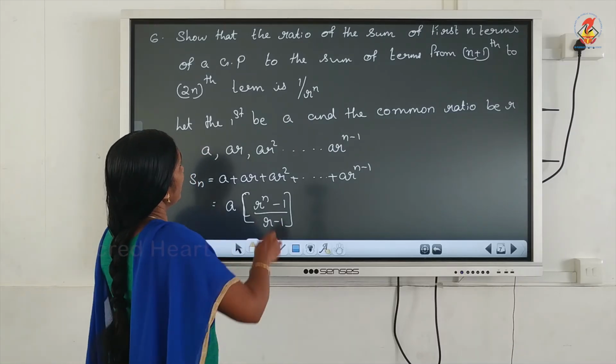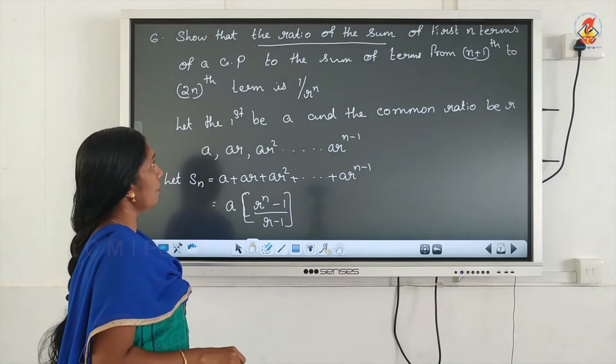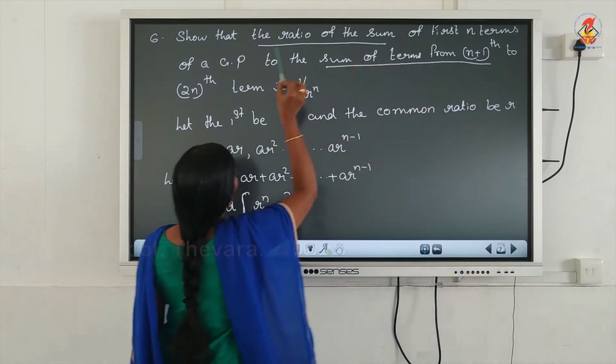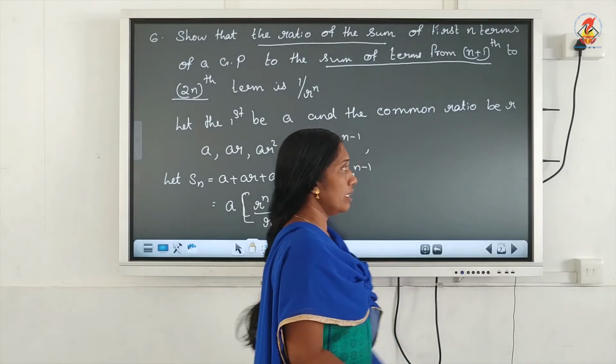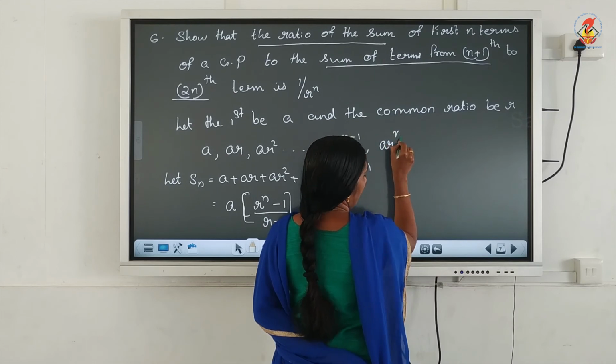Now we have to find the ratio of the sums. So one more sum we have to find, that is the sum of terms from n plus 1 to 2nth term. So we continue here, this is the nth term. Now we have to write the n plus 1th term. How do we write it? ar raised to n.